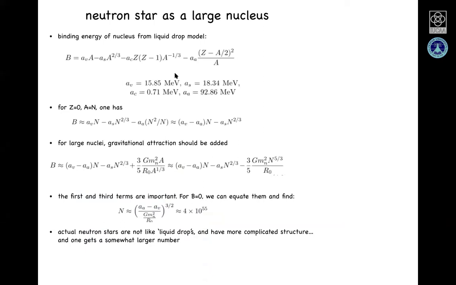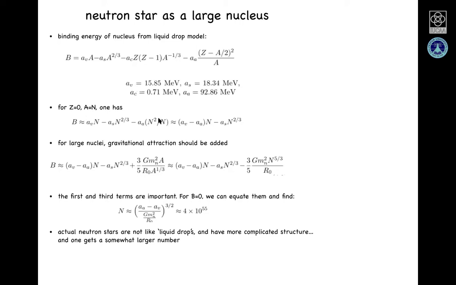Remember the binding energy expression from the liquid drop model, right? It has different terms: the volume term, then the surface term, the Coulomb repulsion term, and the asymmetric term, and the different coefficients are like this.